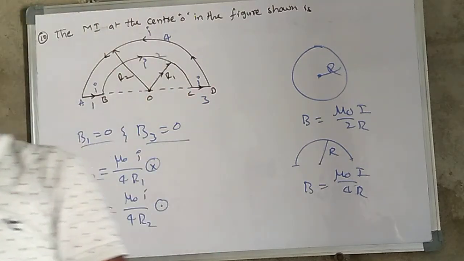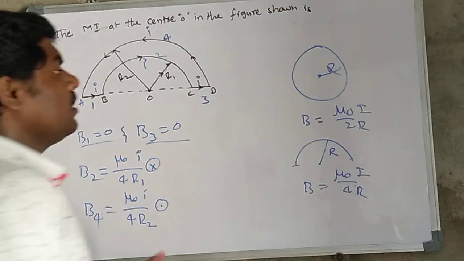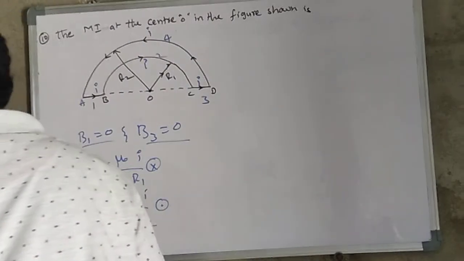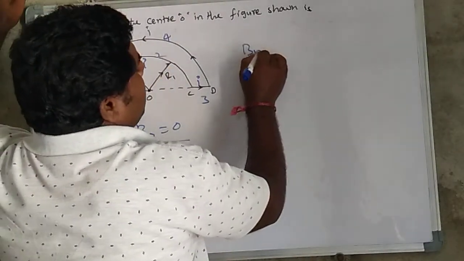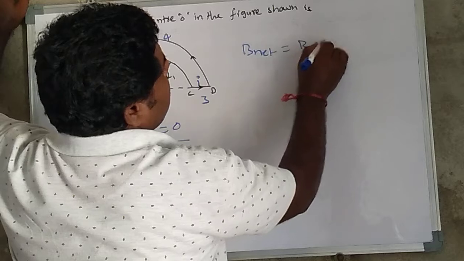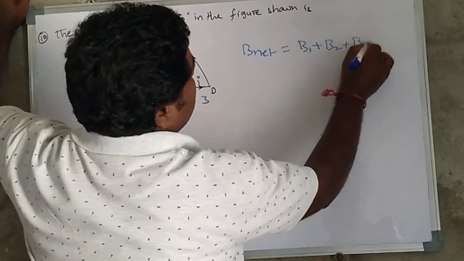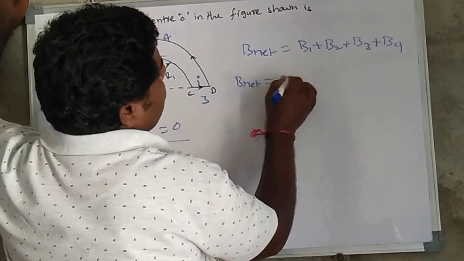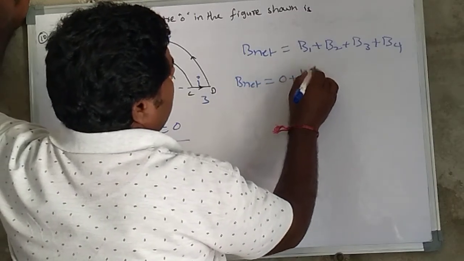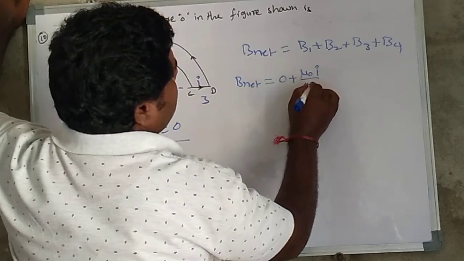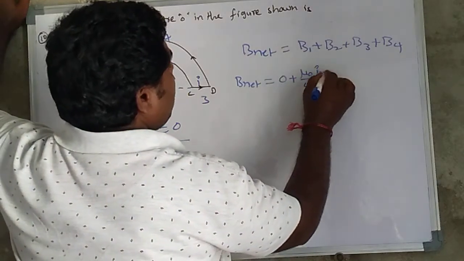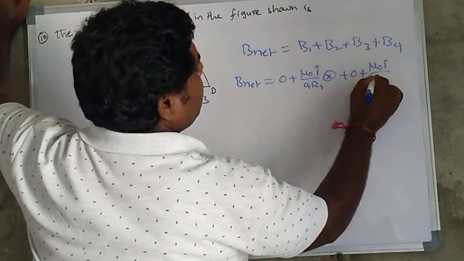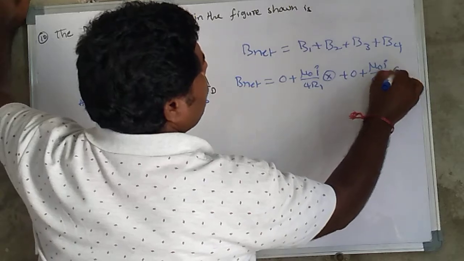Net magnetic induction at point O: B net is equal to B1 plus B2 plus B3 plus B4. B net is equal to mu naught I divided by 4 R1 inward direction plus 0 plus mu naught I divided by 4 R2 outward direction.